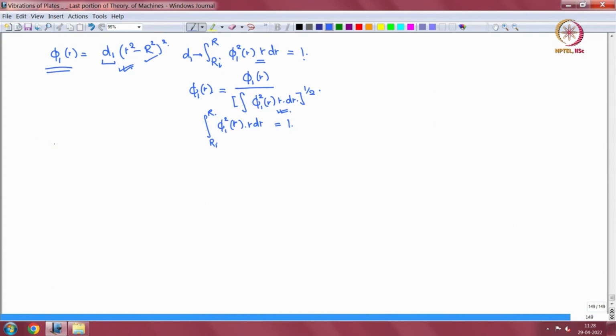Now, so phi 1 is found. How do I find phi 2? Phi 2 of r is found from r phi 1, okay, r times phi 1, and I have to take out phi 1 of r from this.